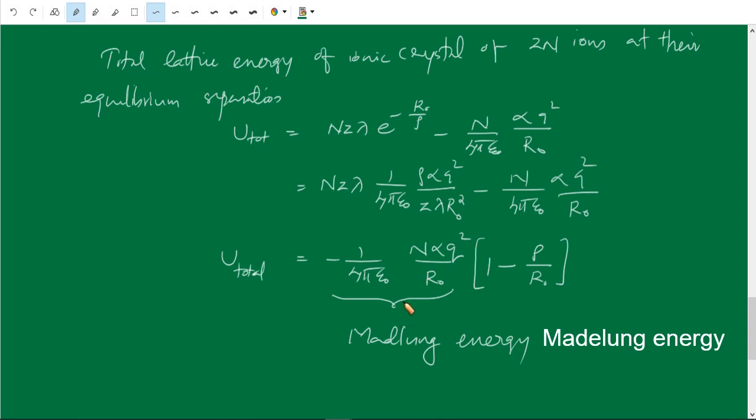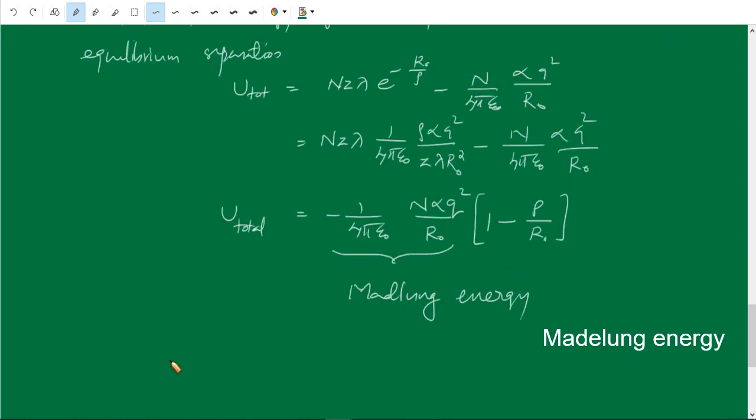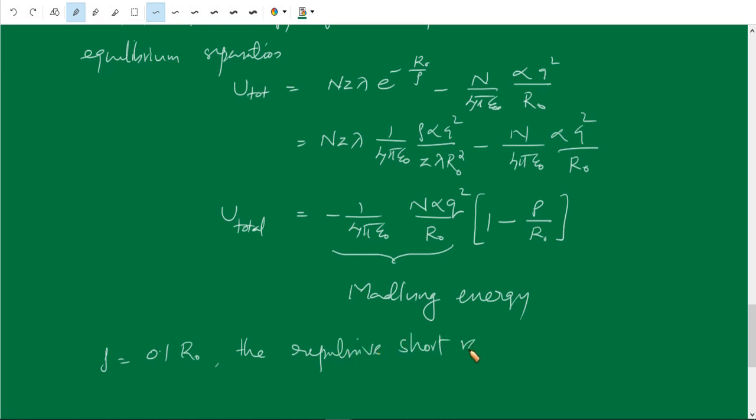Here rho is of the order of 0.1 r0, so the repulsive energy is short range; the repulsive force is short range. In the next class we will discuss how to find the Madelung constant. The evaluation of the Madelung constant will be discussed in the next class.